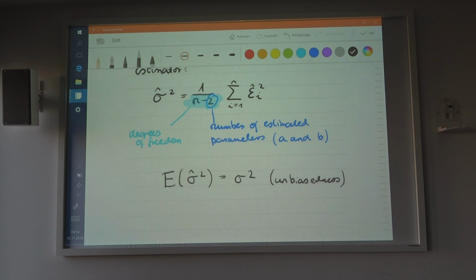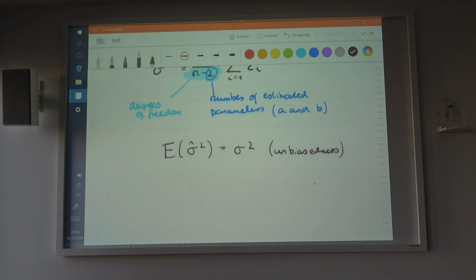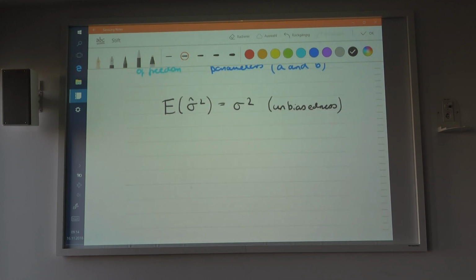Now, how would you estimate the test statistics, or how would you estimate the variances of A and B? So, estimates of variances. For the regression coefficients, I'm going to start with this.